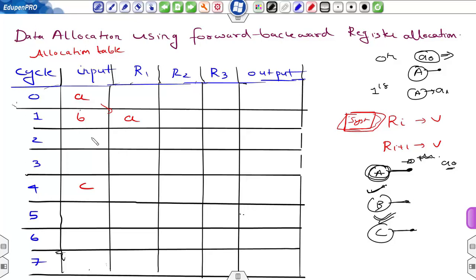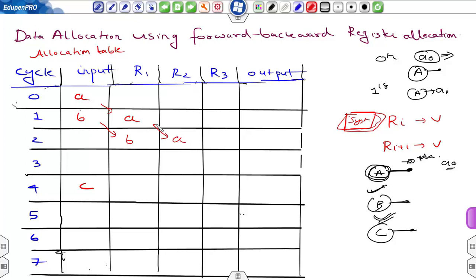In the next cycle, B needs to be stored in some register. So B will be shifted to R1, and for this A needs to be shifted to R2. So B is shifted to R1 and A is shifted to R2.